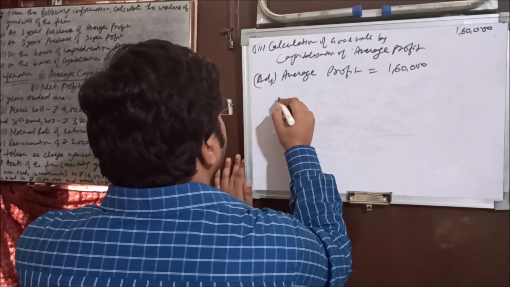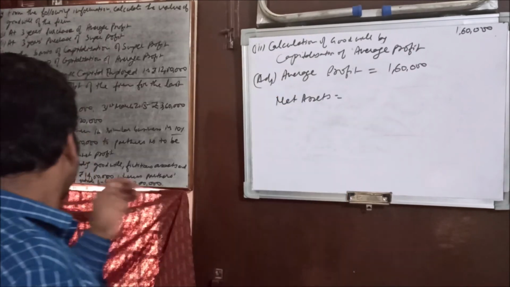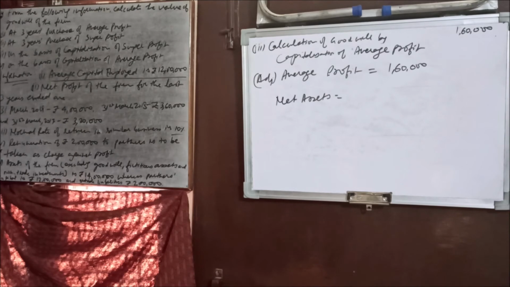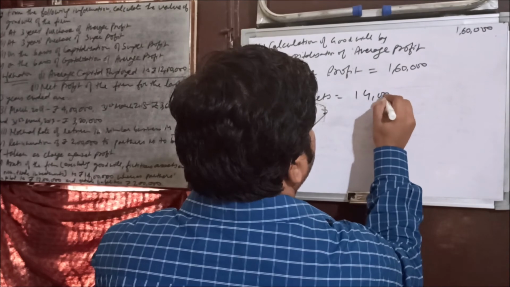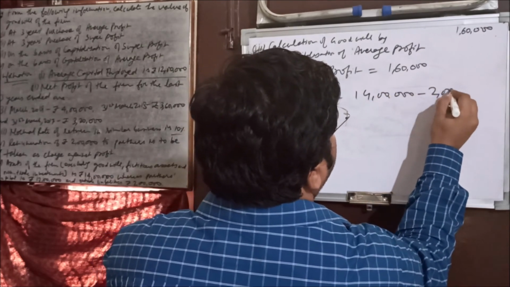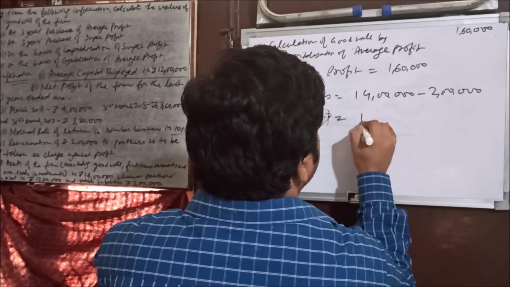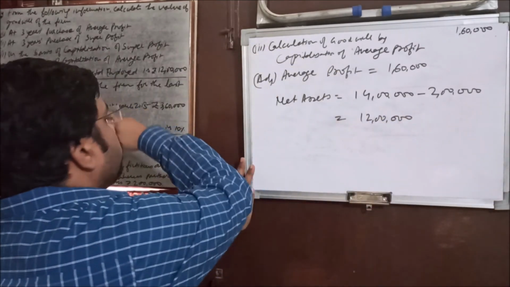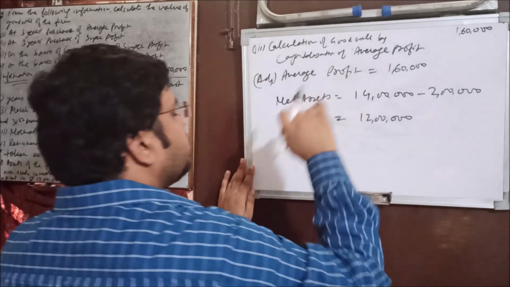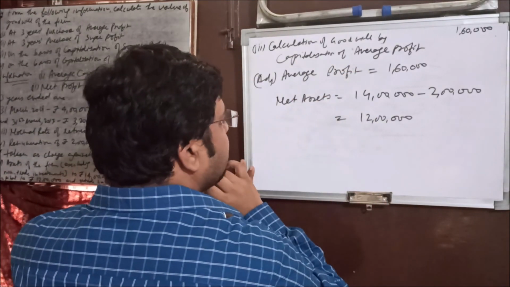See, for this we'll be taking the asset side approach. Total asset is given 14 lakh and outside liability is given 2 lakh. So 14 lakh minus 2 lakh, that is 12 lakh. It is a coincidence that capital employed is equal, it could have been different as well. So net asset we have now.